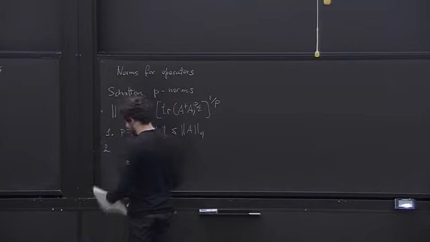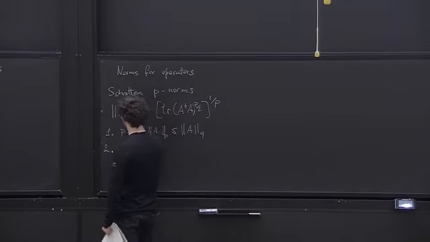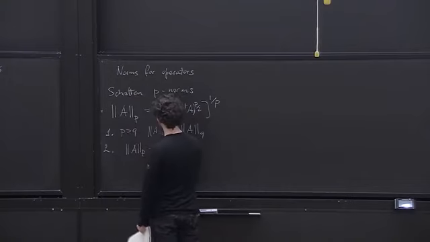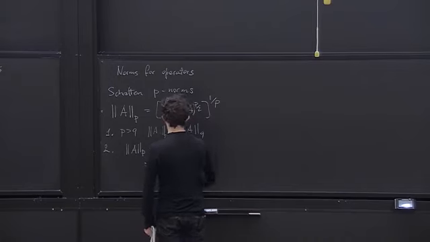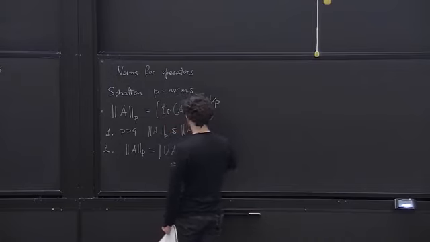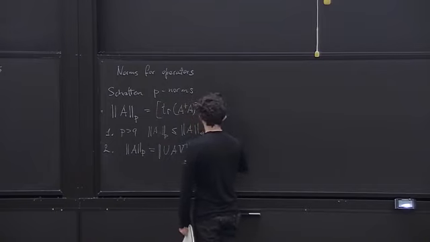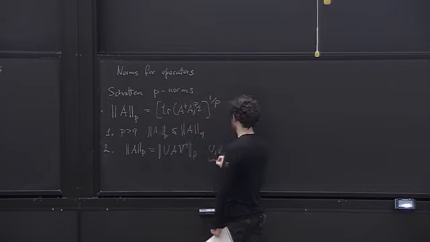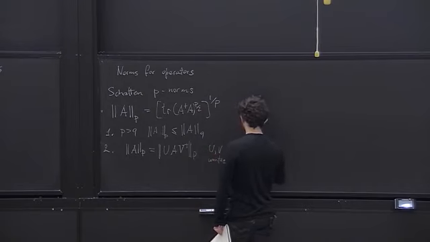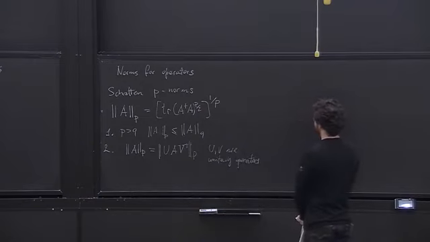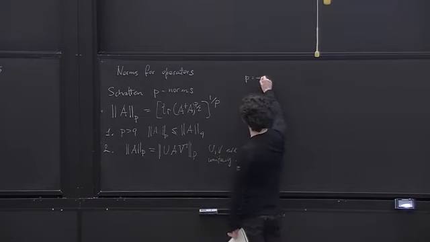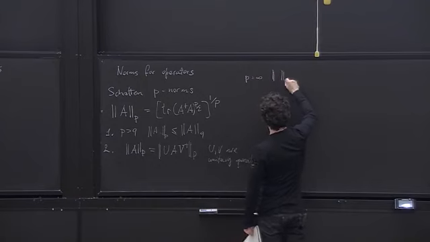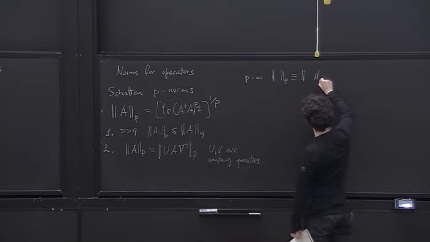And the second one is that they are unitarily invariant, meaning that the P norm of A is equal to the P norm of U A V dagger, where U, V are unitary, any unitary operators. Some remarks: for P equal infinity, this is equal to the operator norm.